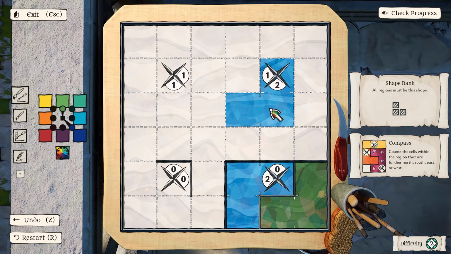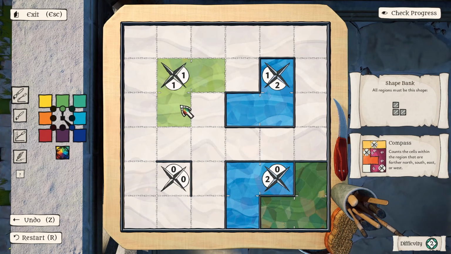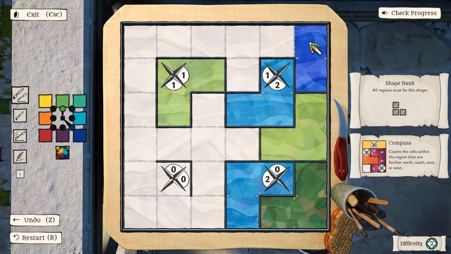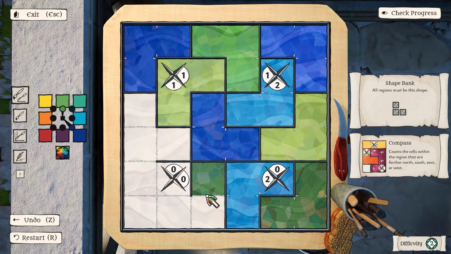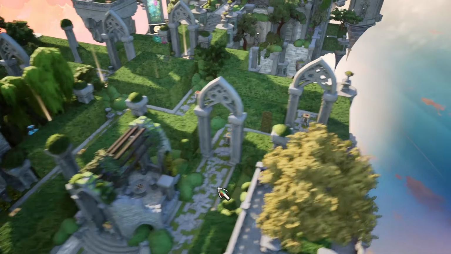So like this is the only way it could be. 1 that side, 1 that side. It has to be like this, surely. Yep. Done. Neat.